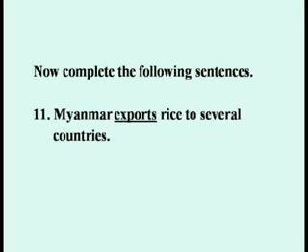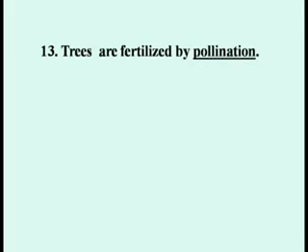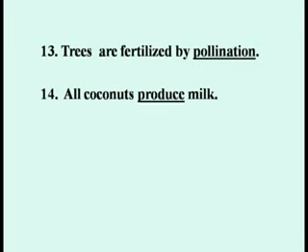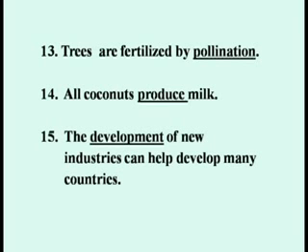Now, complete the following sentences. Myanmar exports rice to several countries. Food is digested in the stomach. Trees are fertilized by pollination. All coconuts produce milk. The development of new industries can help develop many countries.